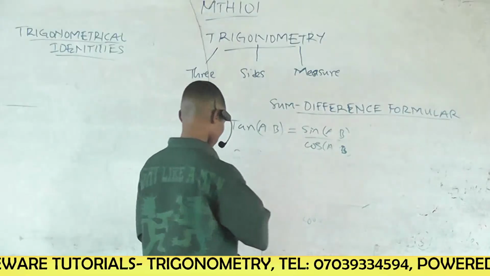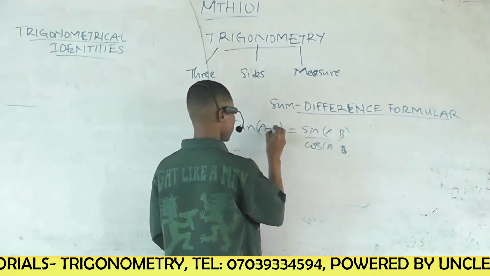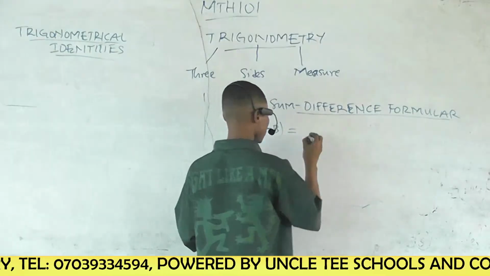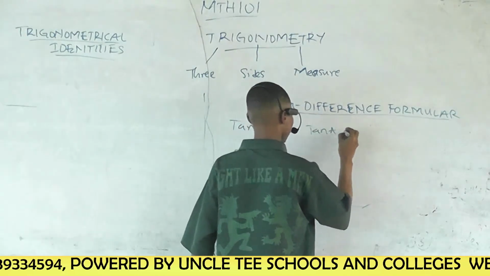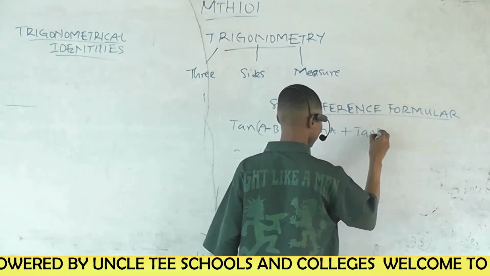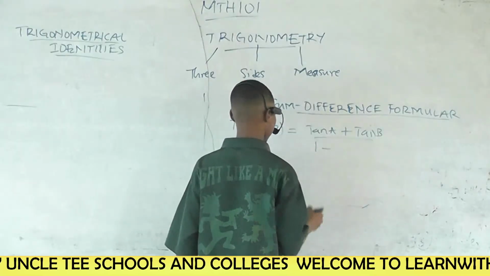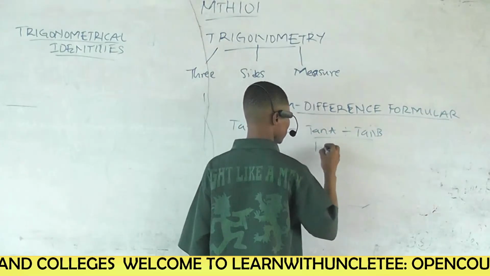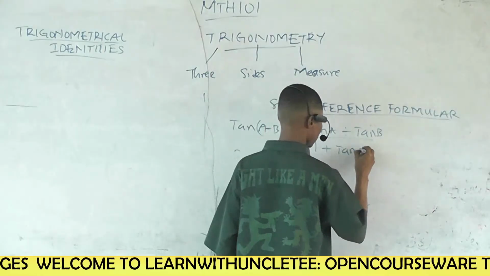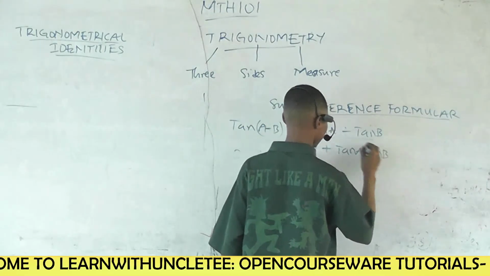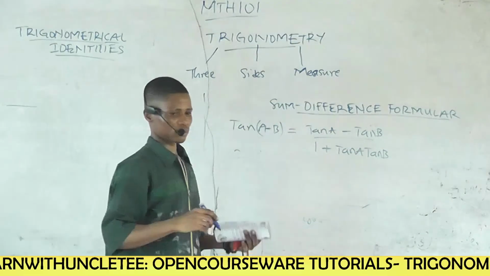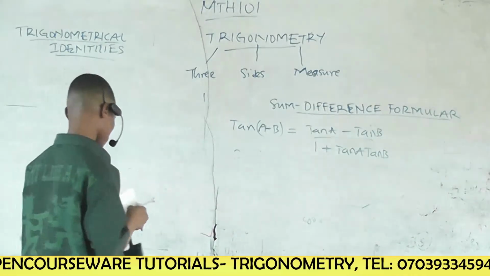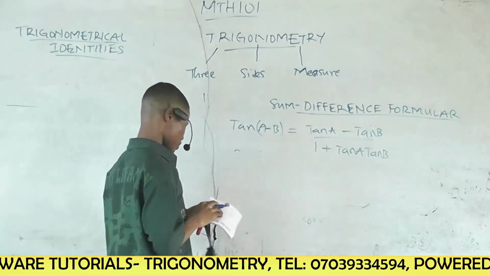If you have tan A minus B, it's the same thing as tan A minus tan B over 1 plus tan A tan B. So that's for tan A minus B.